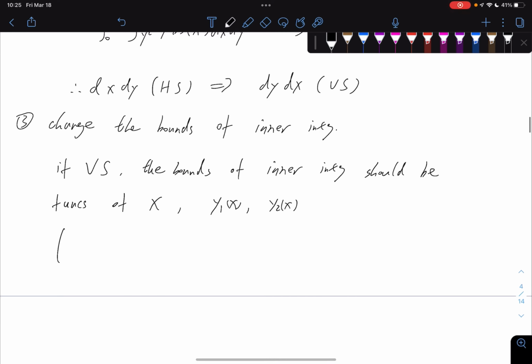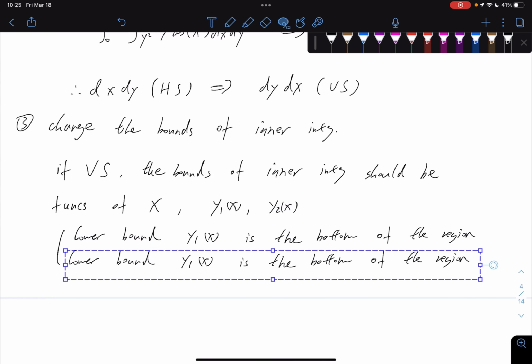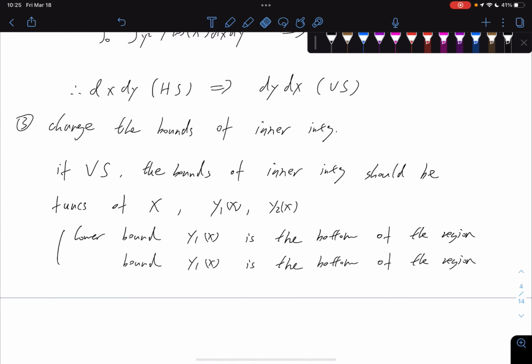That means the lower bound y1(x) is the bottom of the region, and the upper bound y2(x) is the top of the region.